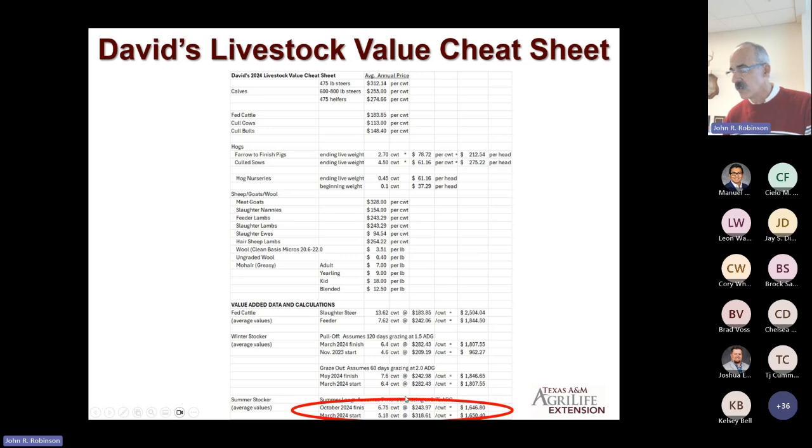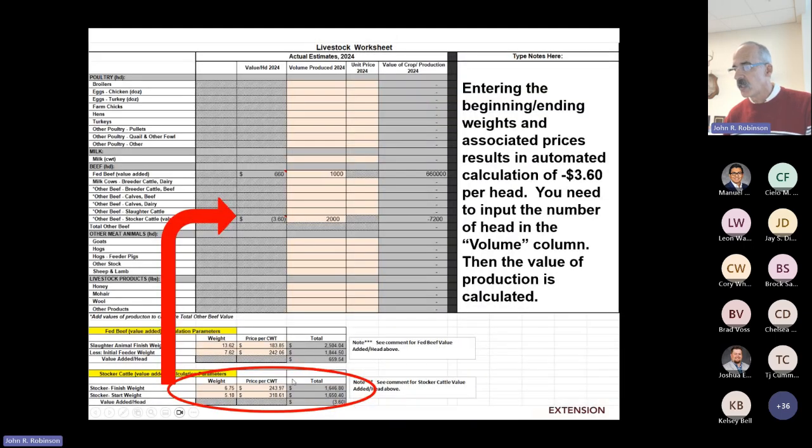They came from David. They would plug into the calculation box, or are actually already entered, and they would come onto this other line that says other beef stocker cattle value. It's already there automatically. You plug in the number of head and it's going to calculate the negative number.